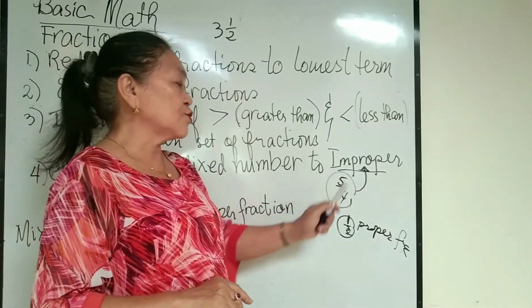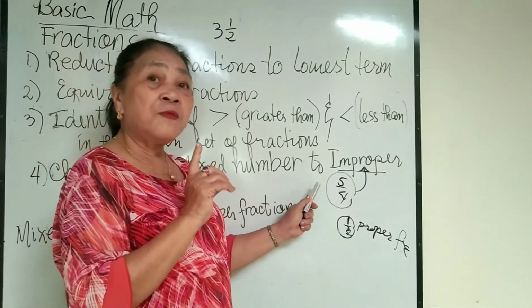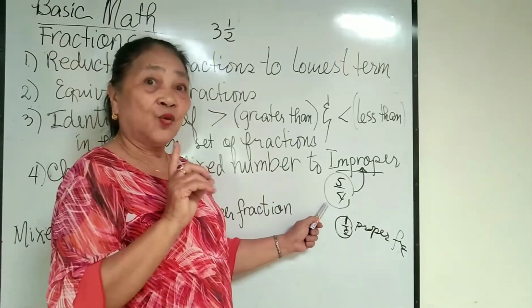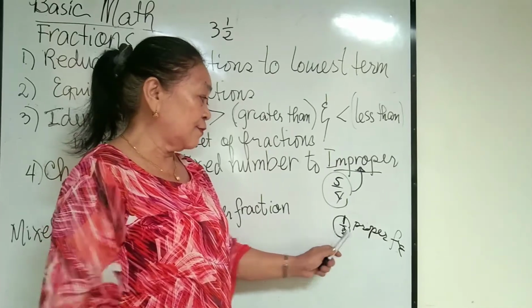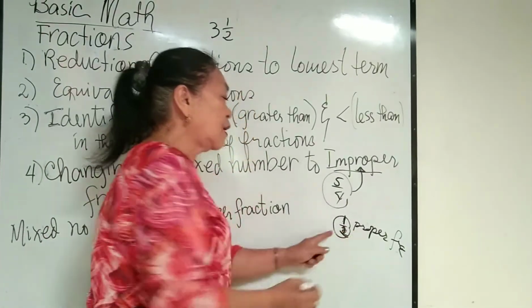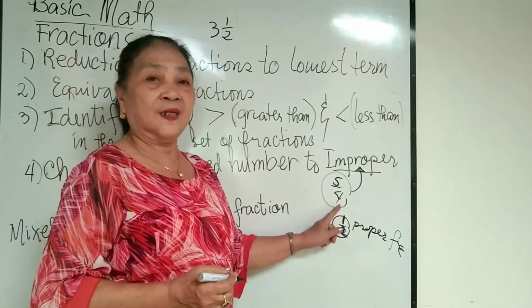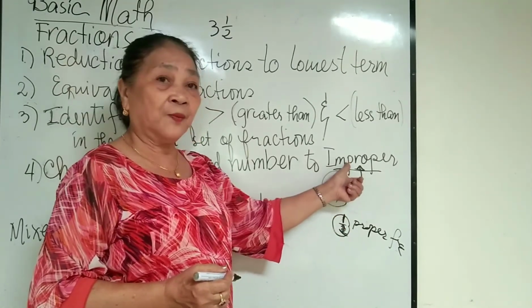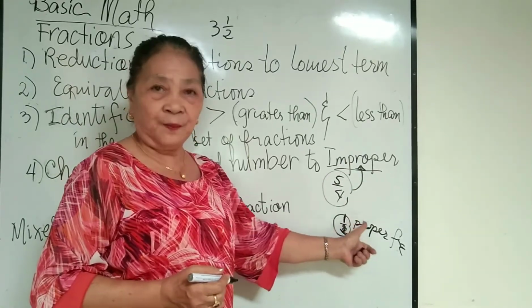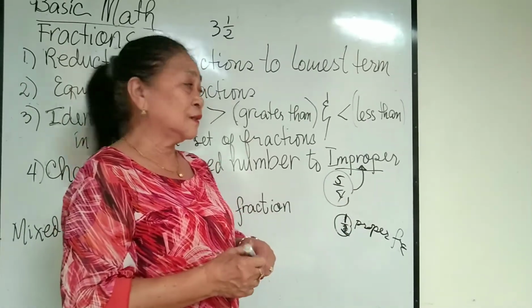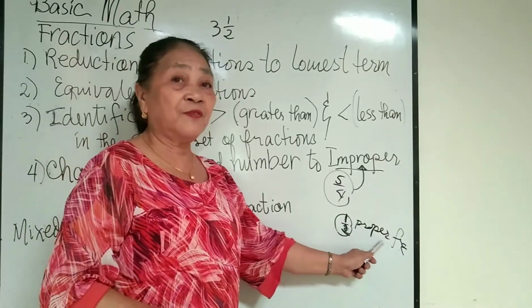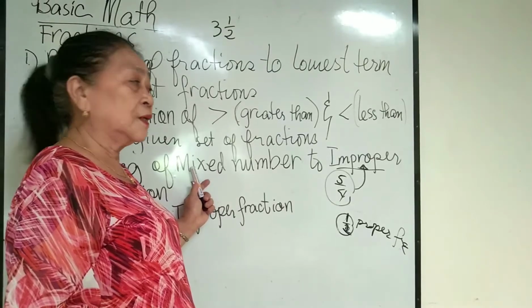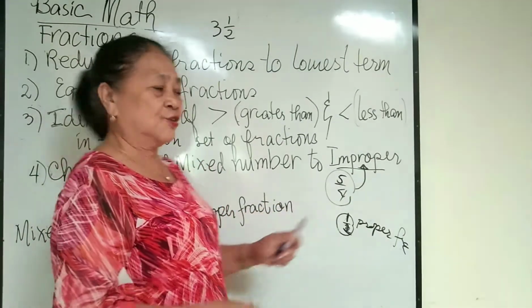And improper fraction, the numerator is greater than the denominator. So proper fraction is like this 1/2, where the denominator is greater than the numerator. Again, 5/4 is improper and 1/2 is proper. But at this moment, we are not going to deal with proper fraction. We are going to change mixed number to improper fraction.